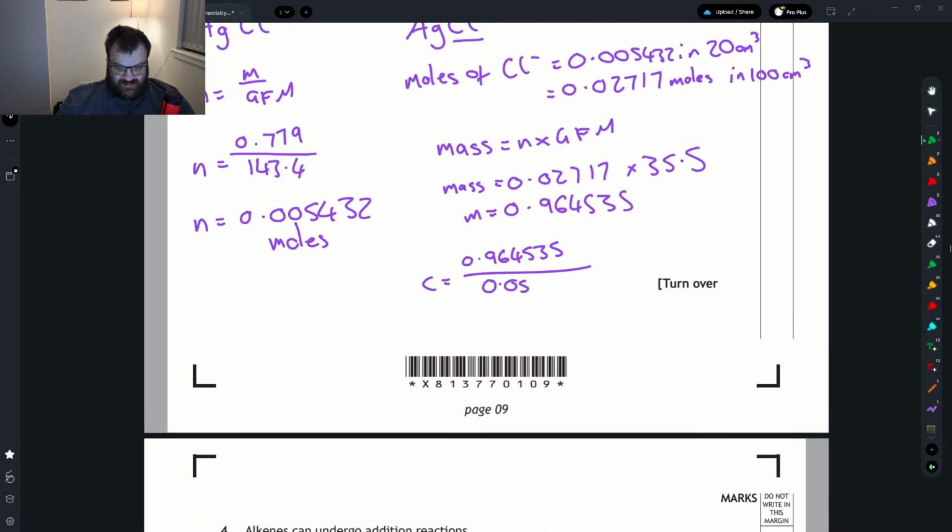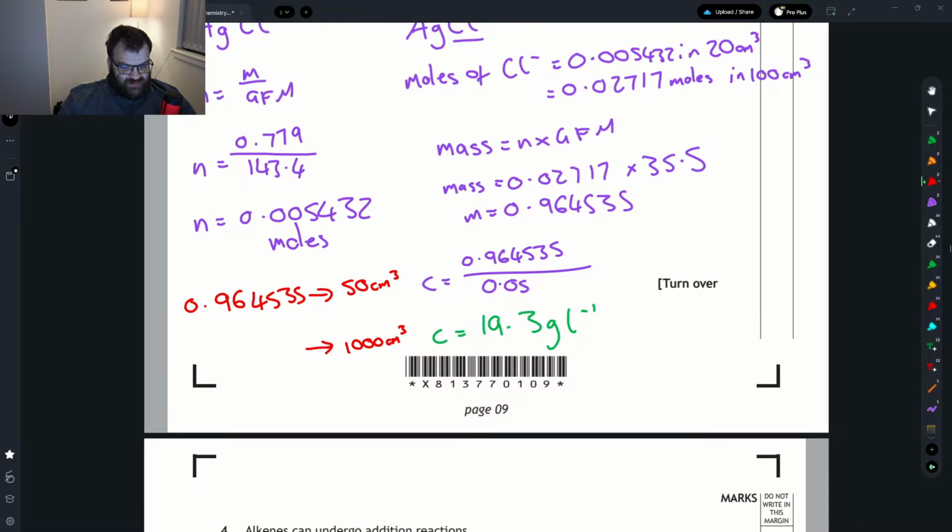That gives me a final answer of 19.3 grams per litre. We could have done it the scaling way as well. If we had 0.94535 from 50 centimetres cubed, we had asked for it per litre, 1,000 centimetres cubed. We divide by 50 times by 100. That's doing the same job as what we've got.